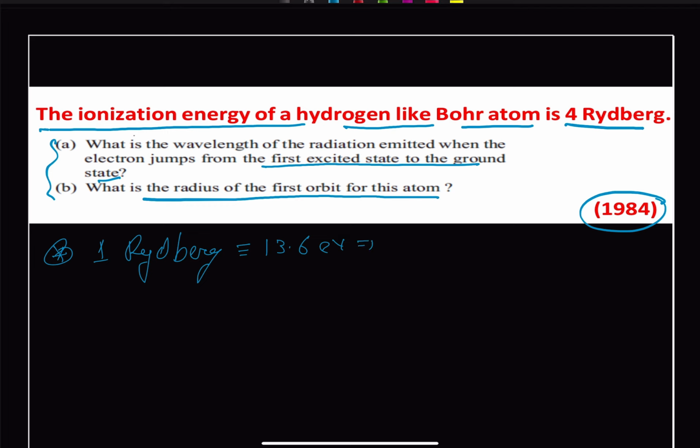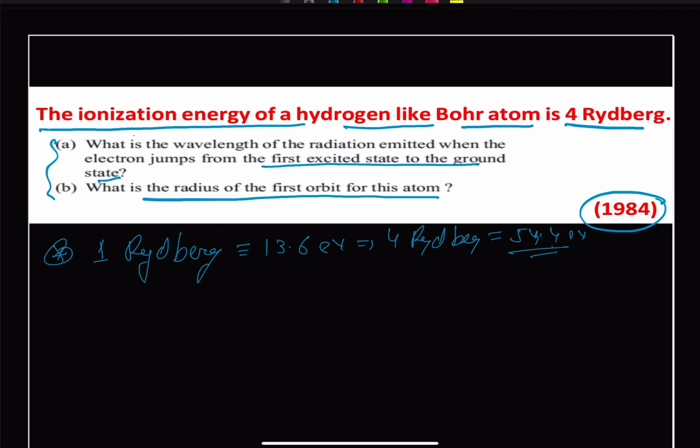So therefore 4 Rydberg will be equal to 13.6 multiplied by 4, which gives us 54.4 electron volt. And we already know the formula for our nth Bohr energy level.